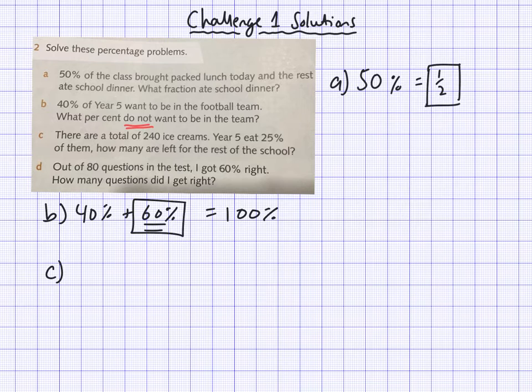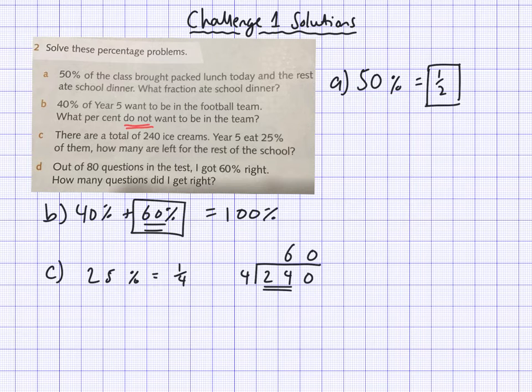Question C, there are a total of 240 ice creams. Year 5 eat 25% of them. How many are left for the rest of the school? So my equivalent fact that I must remember here, 25% equals 1/4. So I need to find 1/4 of 240. Now hopefully from your tables you'll recognise that 1/4 of 24 is 6. 24 divided by 4 is 6, which means that 240 divided by 4 is 60.